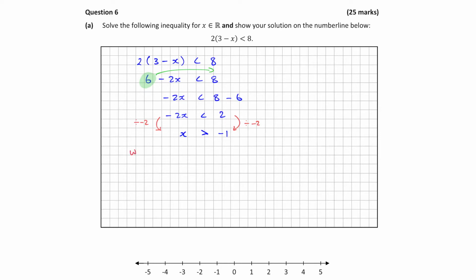So when you divide by a negative, you must change the direction of the inequality sign.